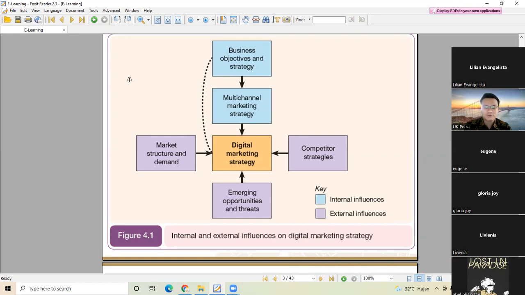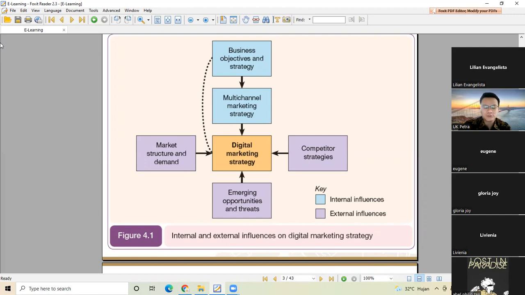And therefore you have to search to find out what kind of trends are out there and incorporate those trends into your digital marketing strategy. So if your target customers are Gen Z, of course you have to use appropriate social media tools like Instagram, TikTok.